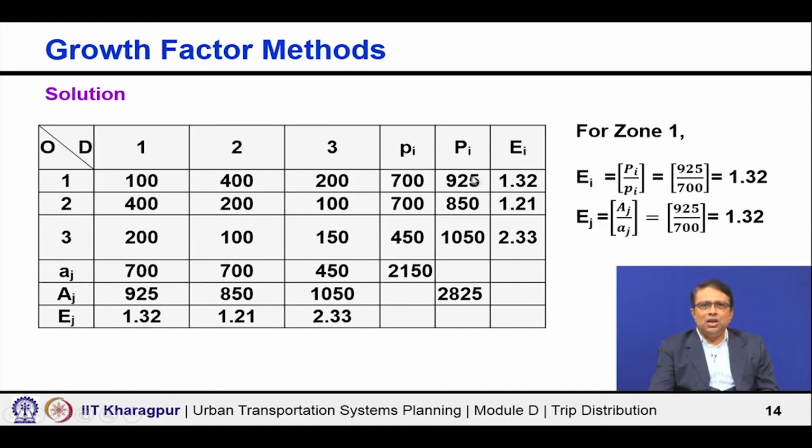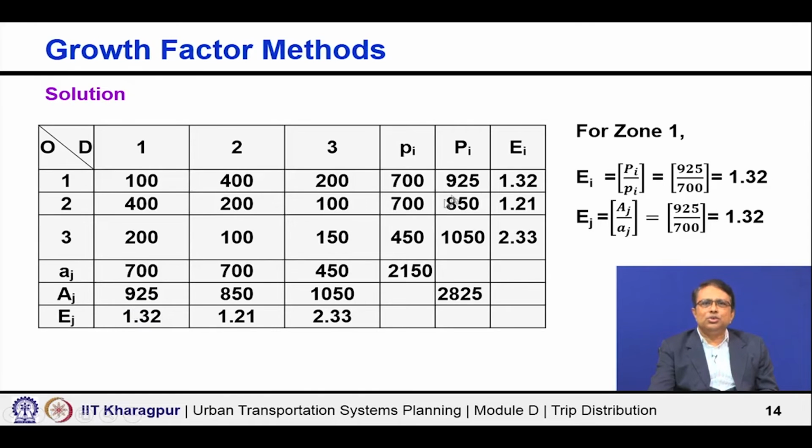We took the future production of zone 1, 925, divided by 700, then we get 1.32. Similarly, you will get it for the attraction end also, because for each zone production and attraction values are the same. Here also, it is the column total, present is 700, our target is 925. So, I get a growth factor of 1.32.